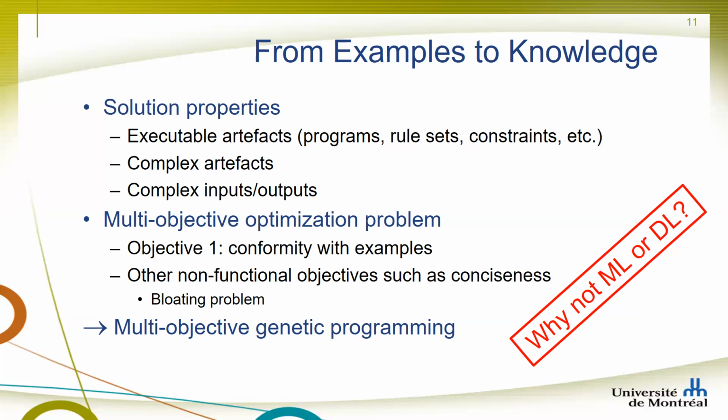We consider examples as specifications. So our goal is not to avoid overfitting or such problems of machine learning. We want to find artifacts that conform to those examples at hand. But examples are not that many, and using machine learning or deep learning for this complexity of artifact is not obvious when we have very few examples.